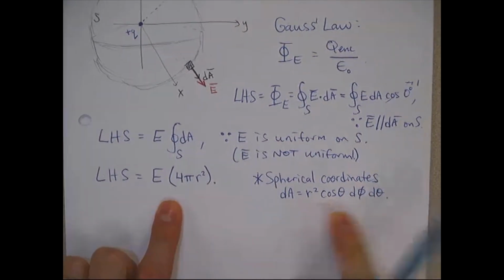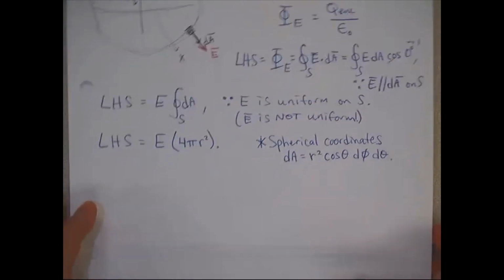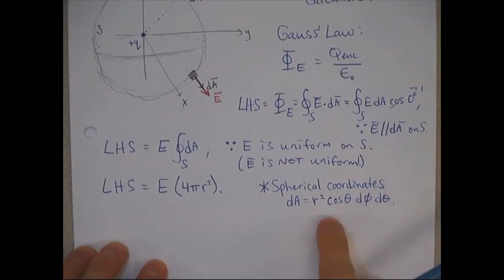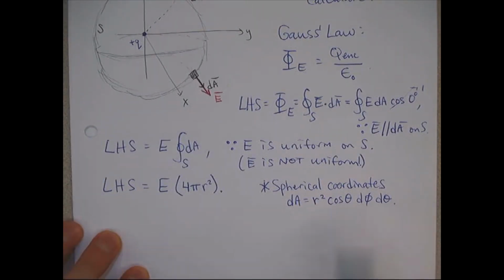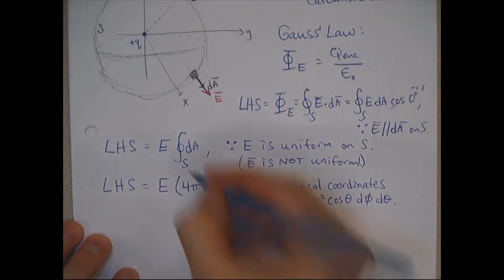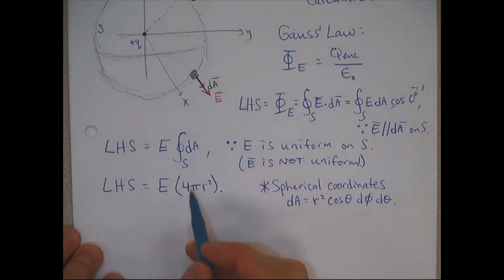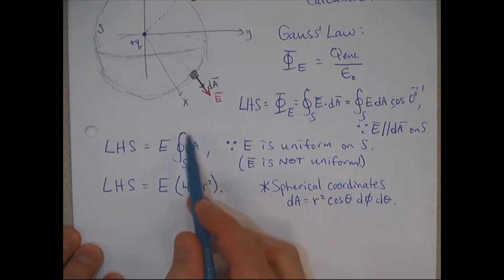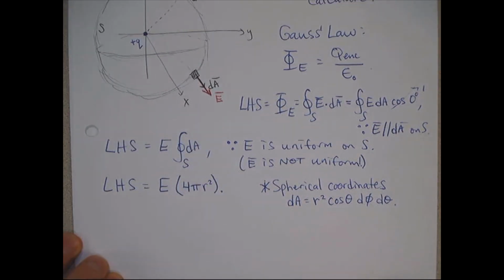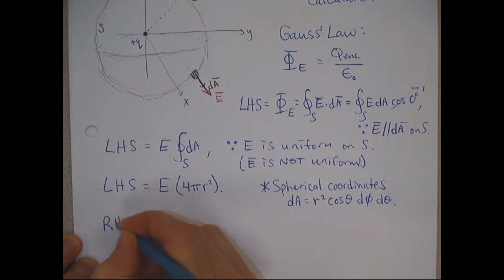You could compute the 4 pi r squared that way. But we do not require multivariable calculus for this course. So you can just skip to say that the total surface area is 4 pi r squared for a sphere.